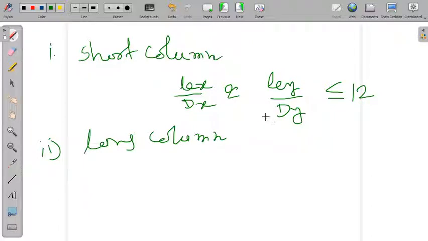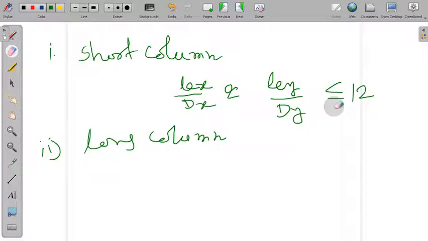Both directions should be less than or equal to 12, then we can call it a short column. Otherwise it will be called a long column.